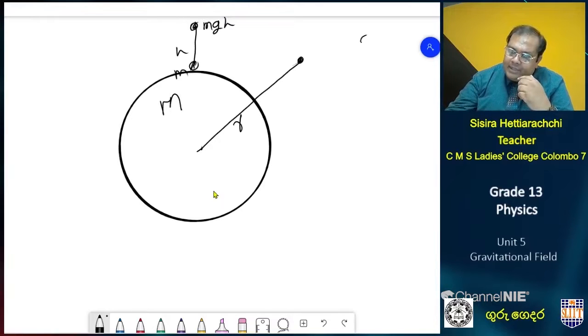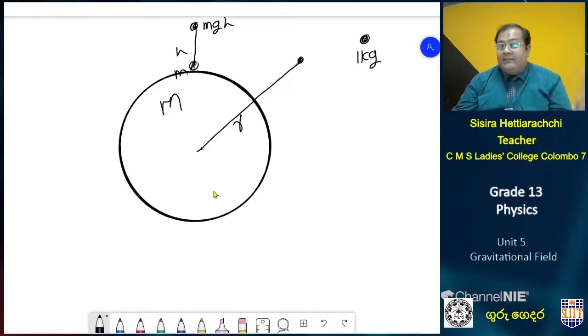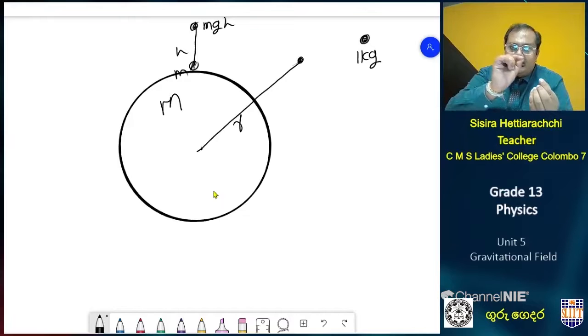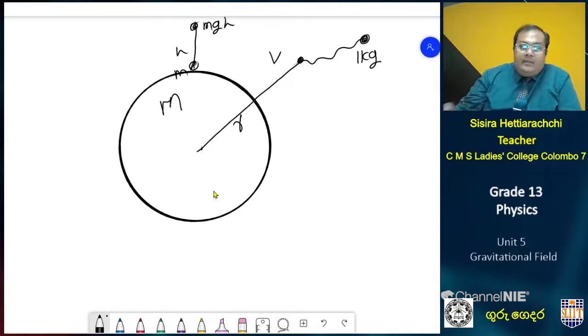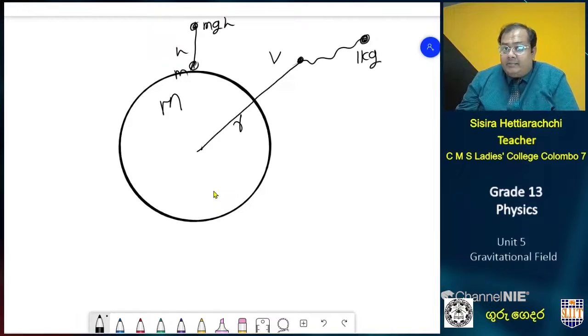Energy needed to bring unit mass from infinity to the point considered is defined as the potential at that point. I drew a regular path because it's path independent. Gravitational field is a conservative field. Whatever the path, the energy is the same, right?